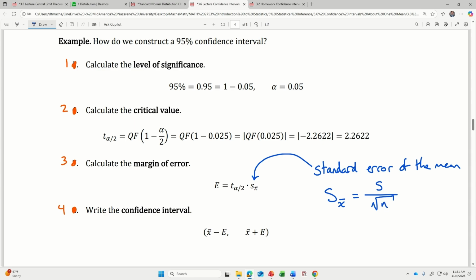That's the only difference between calculating a prediction interval and calculating a confidence interval, is that one change. Otherwise, exactly the same.